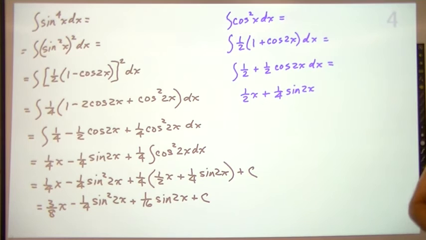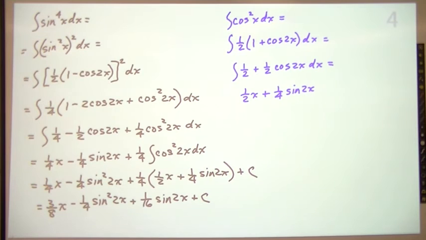Now let's see. Hopefully we can screw that up. Let's see. 3/8 x minus 1/4 sine 2x plus... Nah, something has gone awry.